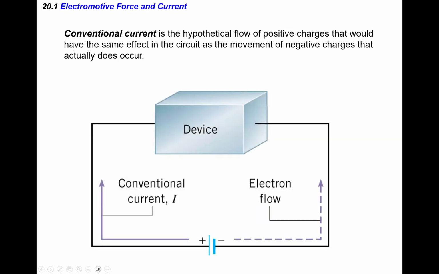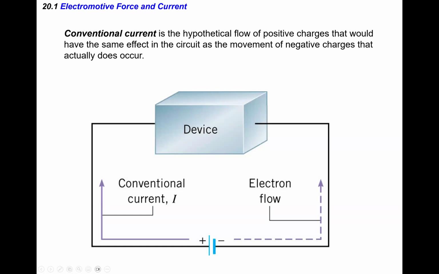So here in reality, the positive charge cannot move. It's the electron that actually flows. But conventional current is the hypothetical flow of positive charges that would have the same effect in the circuit as the movement of negative charges that actually does occur.